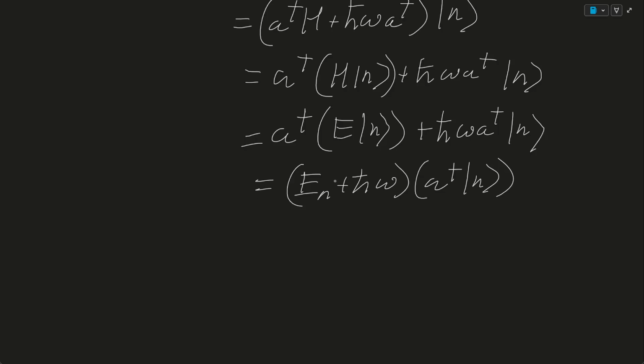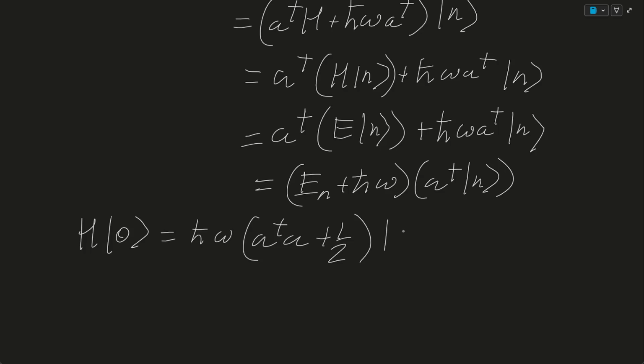The Hamiltonian consists of squared Hermitian operators. This must be positive, of course, because a square is real. And so there must exist n equals 0 where this can't be lowered anymore. So let's find out what that is. If we then do H on the eigenstate of 0, we have ħω a dagger a plus half times this state.